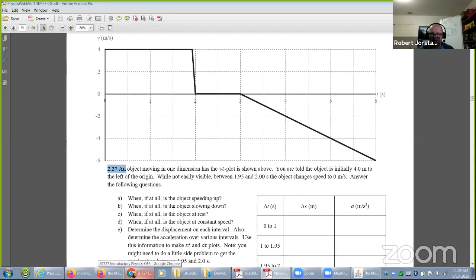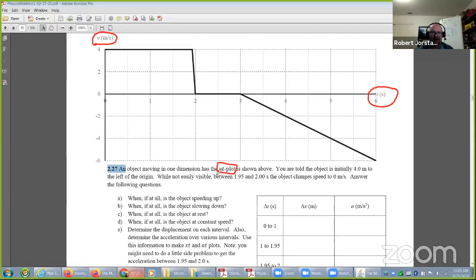Notice one of the first things you do in any graphing question. Let's say you have a quiz, say next Wednesday, perhaps. Remember, you should always look at the axes and find out what is on each axis. Based on this, you can tell this is a v-t plot. Or you could even read this sentence, but it won't always be in there. So we know we're talking about a v-t plot.